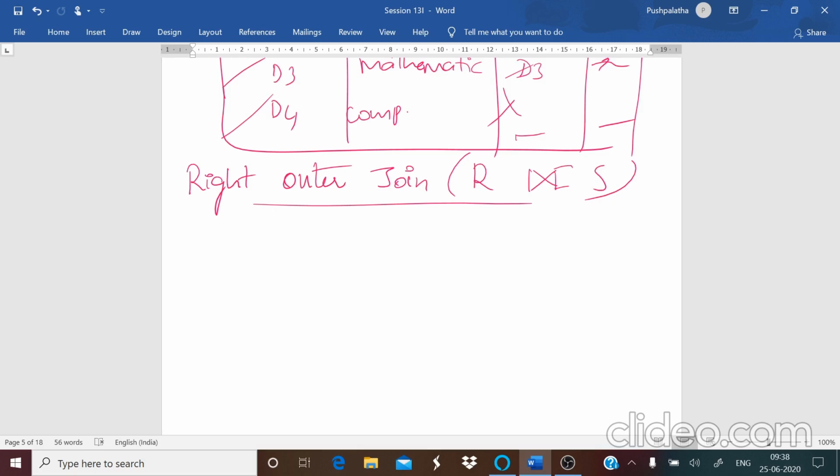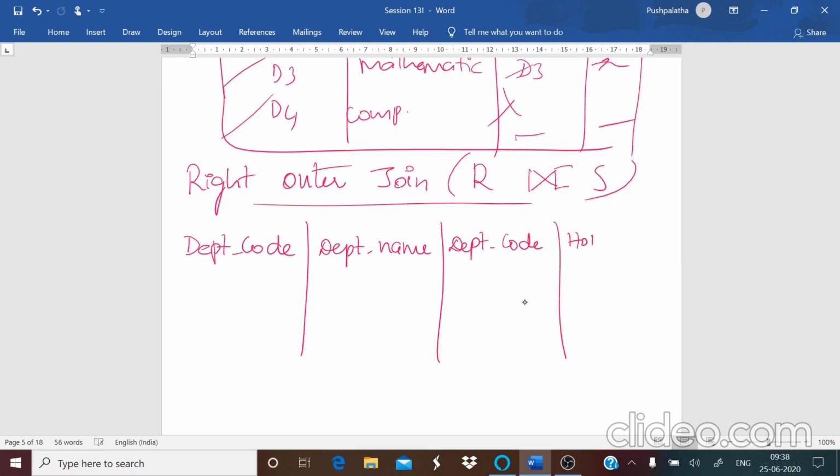Now for example, let us take the same tables: department code, department name, department code and HOD name.